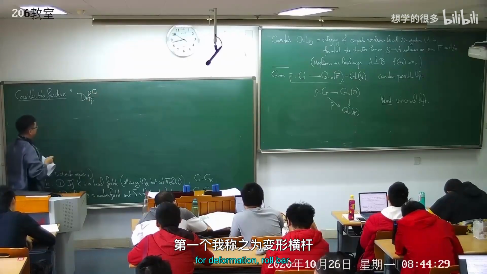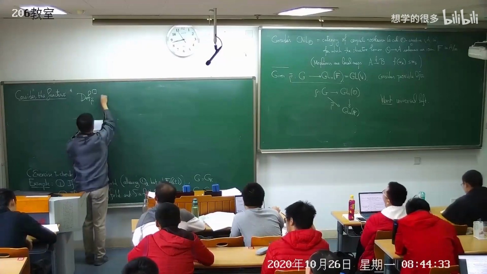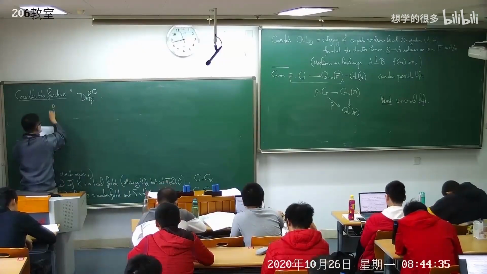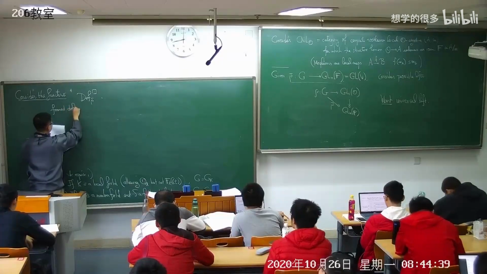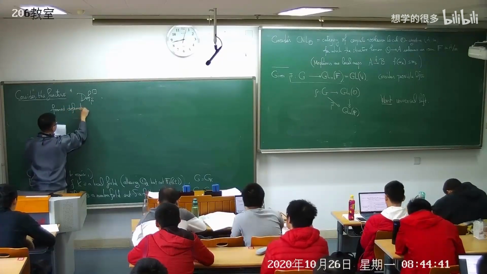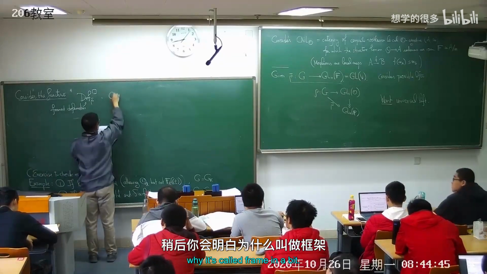The first one I call D for deformation, of rho bar. I put a square here. This is called the framed deformation. You will see why it's called framed in a bit.